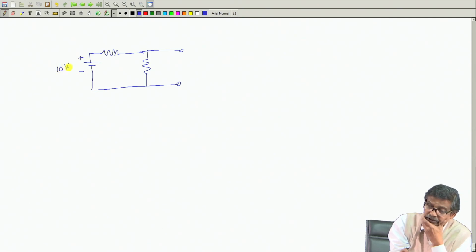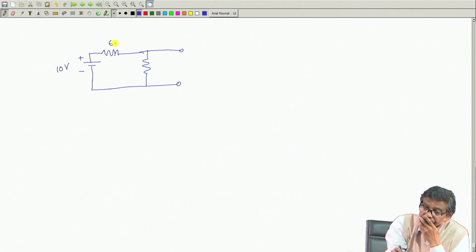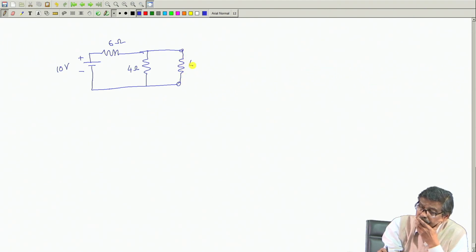This network has got a voltage source alone, and this is 6 ohm and this is 4 ohm, and this is also 4 ohm. This is suppose points A and B.